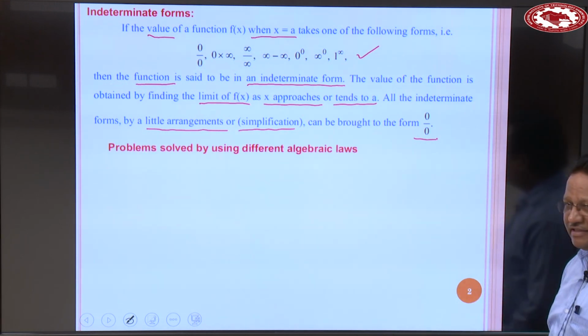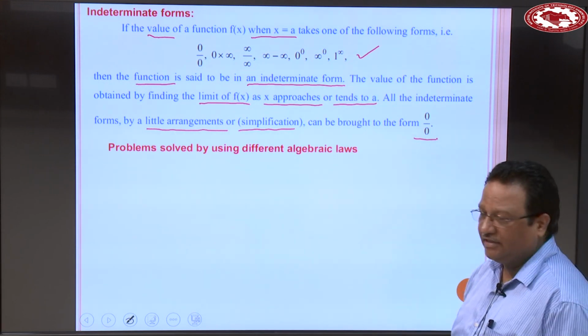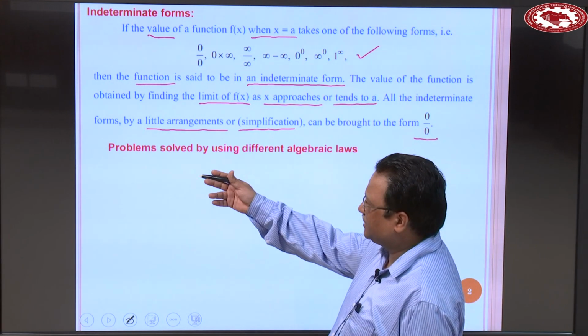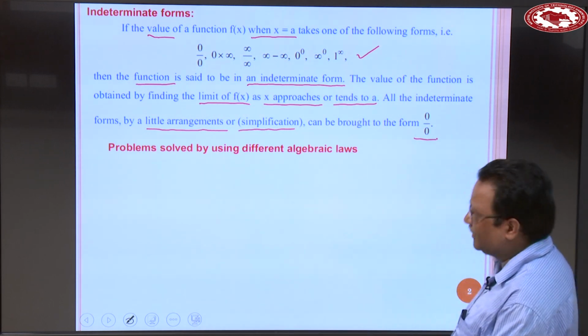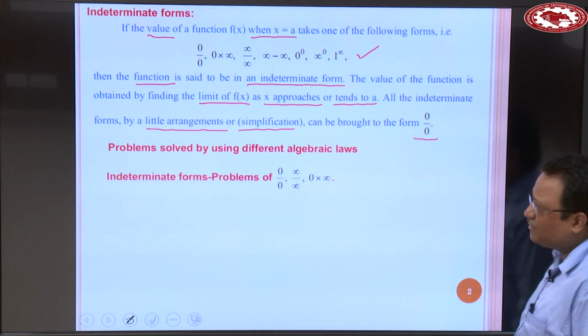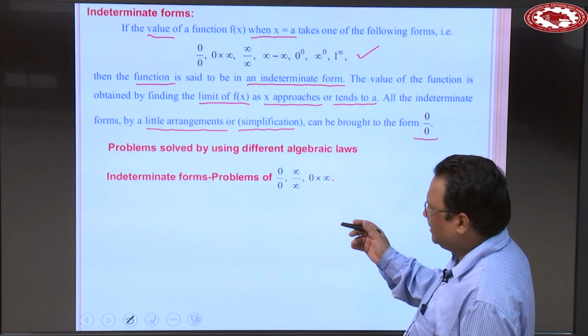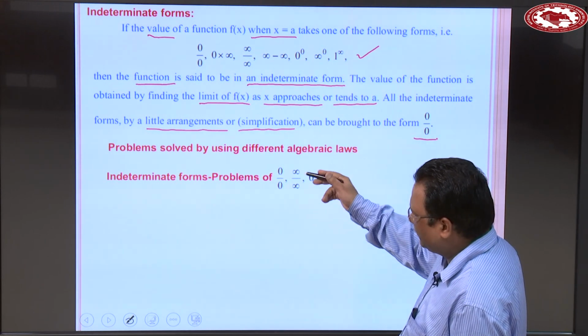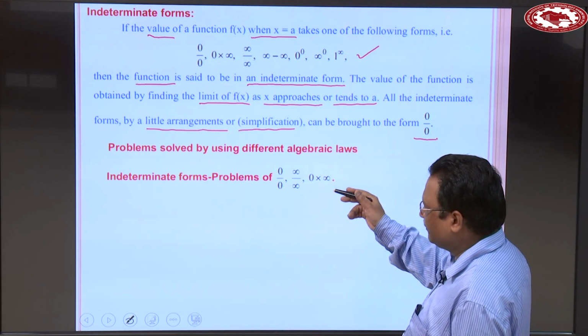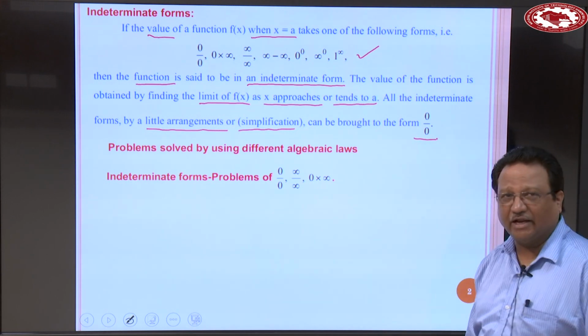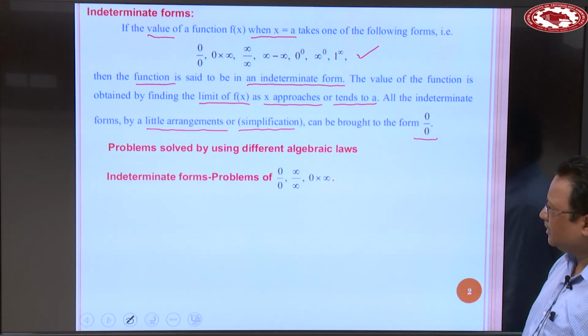So, we have 3 different kinds of problems. First one is those problems which can be solved by using different algebraic laws, and second type of indeterminate forms where we have given 0 over 0, infinity over infinity and 0 cross infinity form, then we can apply L'Hospital rule.